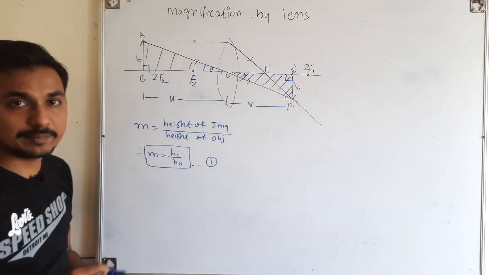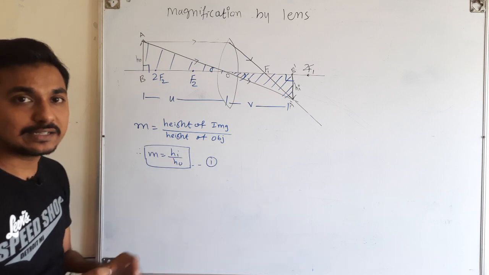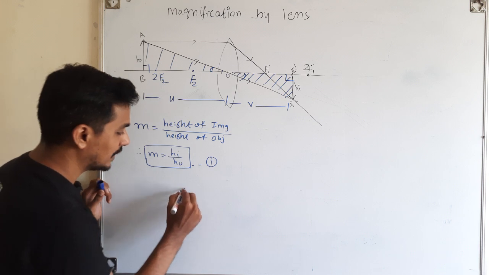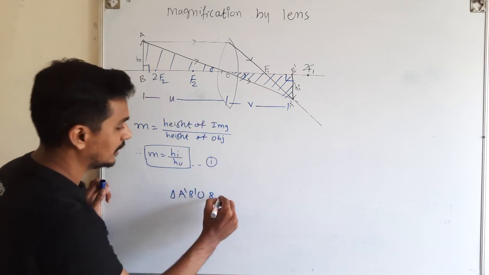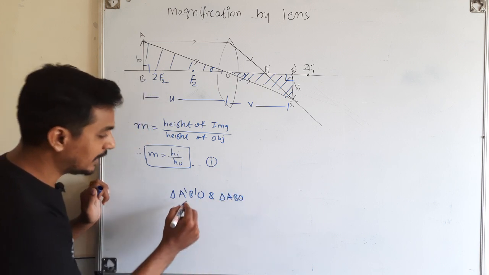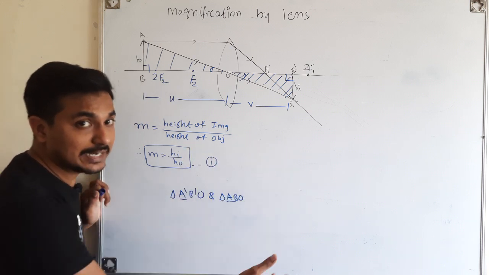If two angles are equal, then all three angles are equal and the triangles are similar. So the right angle triangle A dash B dash O and triangle ABO are similar.